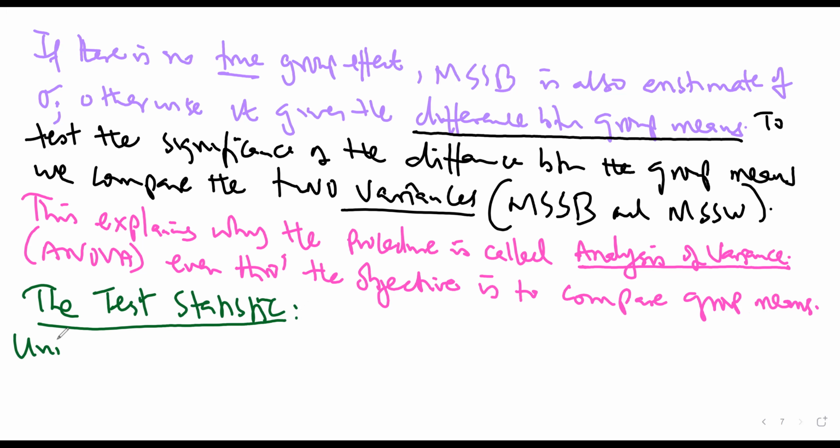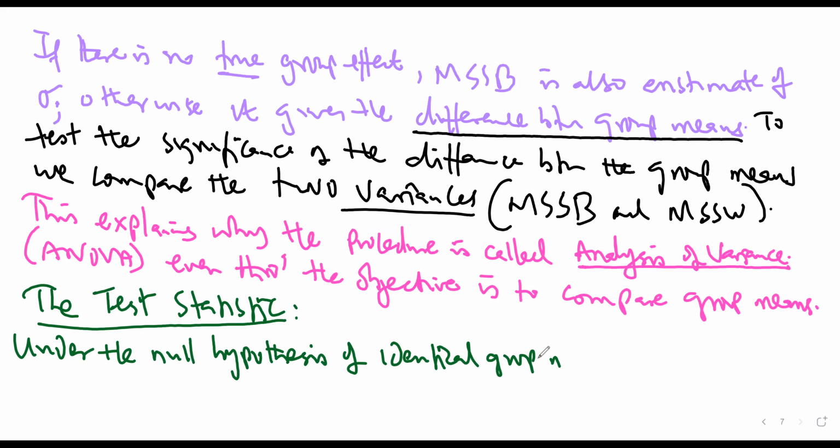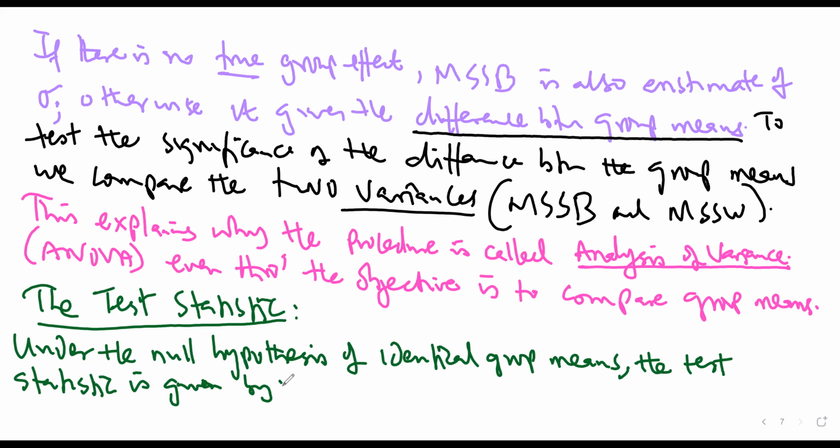So you say that under the null hypothesis of identical group means, the test statistic is given by MSSB divided by MSS within.